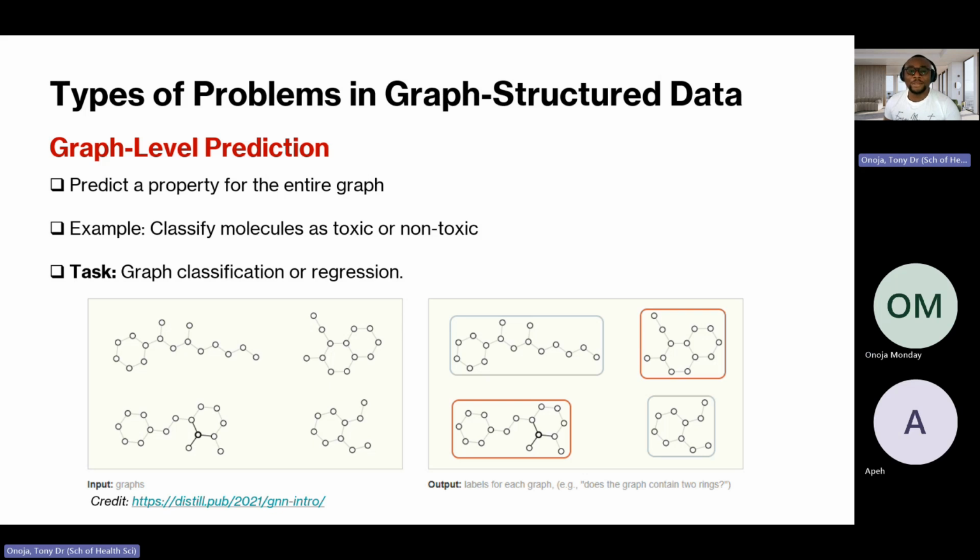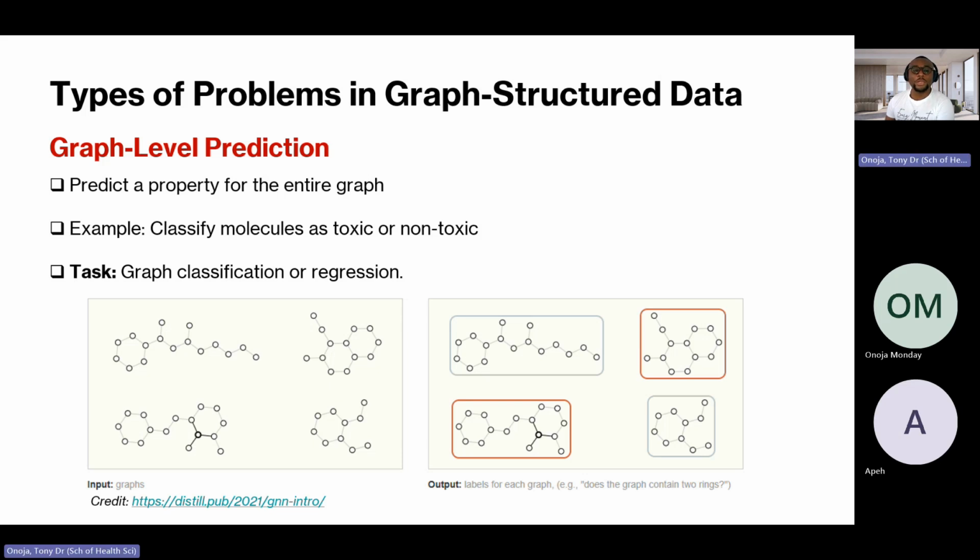Good. Now you could see this one here has one ring, and this one here has one ring. So the network would automatically classify them to have a similar structure, so they belong to the same category. When it comes to this one here, the network will look at the ring here and this ring here, and automatically classify them to be in the same category.